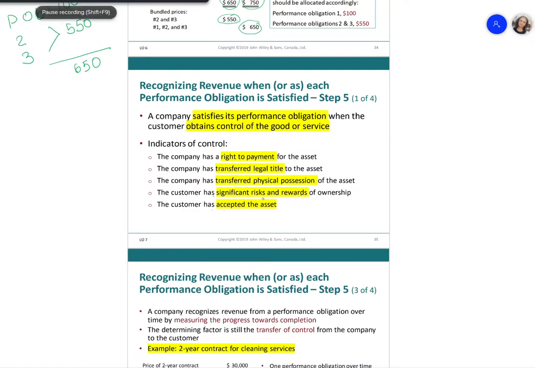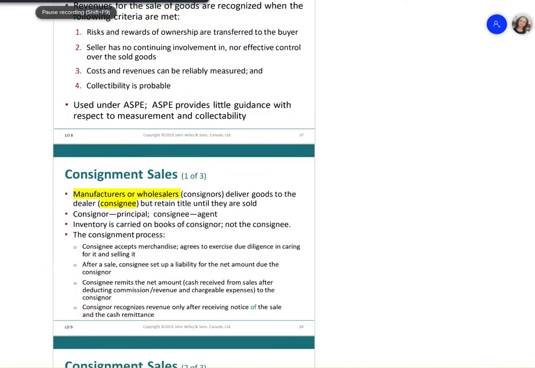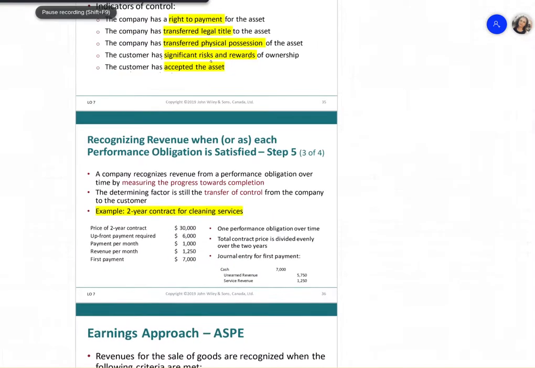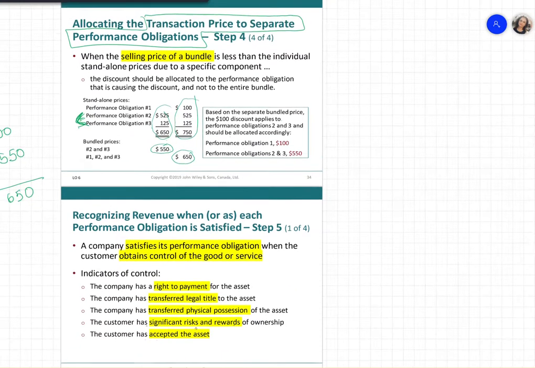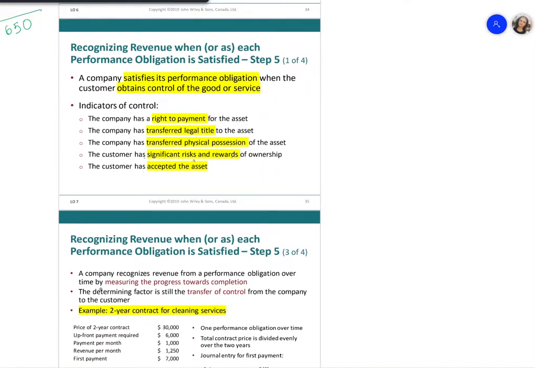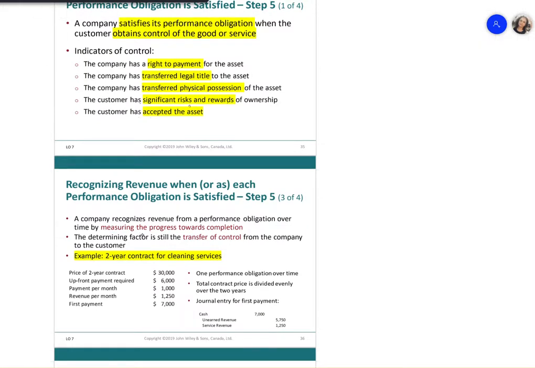So now going further, the company recognizes revenue. Okay, we are at the earning approach. The company recognizes revenue for the performance obligation over time by measuring the progress towards completion.